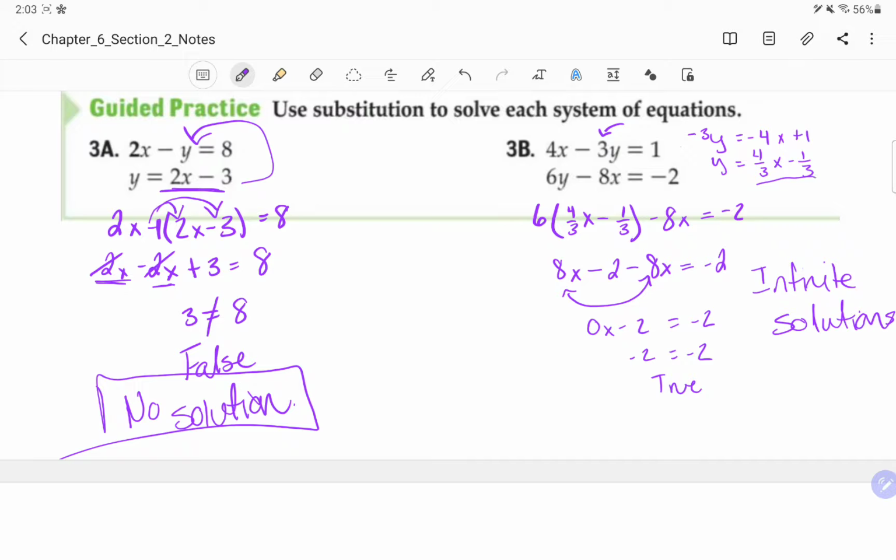I plugged all this in for y, which gave me 6 times 4/3 x minus 1/3 minus 8x equals negative 2. Distributed in my 6, which gave me 8x minus 2 minus 8x equals negative 2. My 8x and my negative 8x went to 0x, and then negative 2 is equal to negative 2, so I have infinite solutions there.